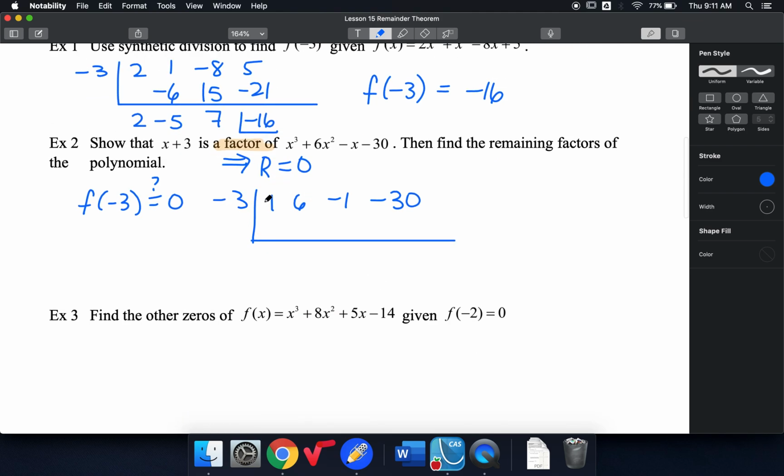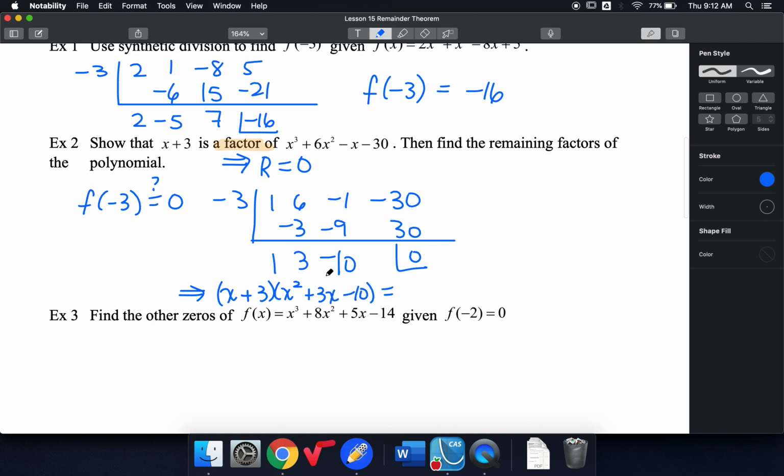So I'm going to bring down the 1, negative 3 gives me positive 3, negative 9, negative 10, positive 30, remainder of 0. Well, this tells me that right now my polynomial, my f of x, is equivalent to x minus negative 3, so x plus 3, times x squared plus 3x minus 10.